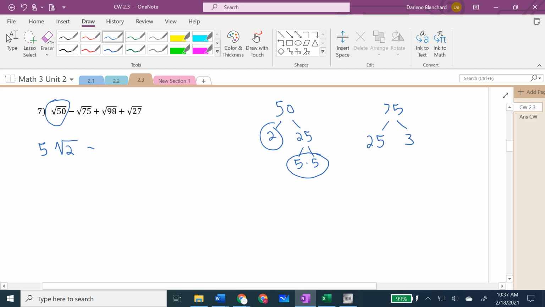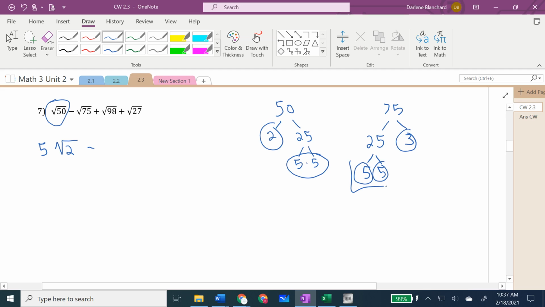Maybe that's the way you see it. If you divide by 5, you can always use a calculator if you need to. And that's going to give you 15 if that's the way you do it. But however you do it, you're going to wind up with 2 5s and 1 3, no matter how you break it down.